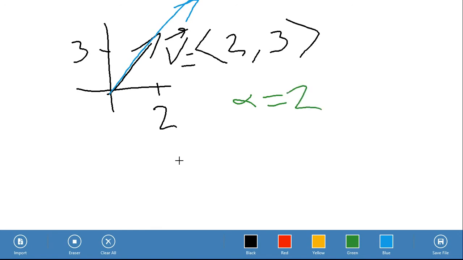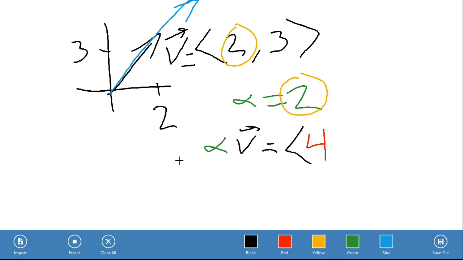So in other words, we have alpha v, and that's going to equal, doing it component-wise as we did before, this 2 here times this 2 here for that first slot. So we're going to get a 4 for that first slot, and for that second slot, we're going to multiply by this 3 here, and so we're going to get a 6 for that second slot.